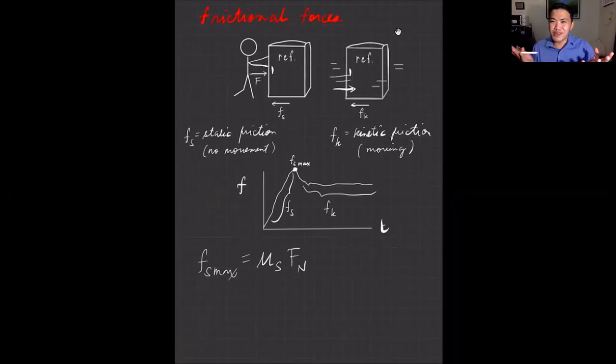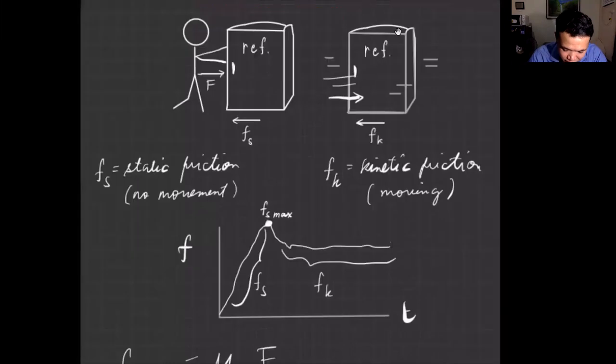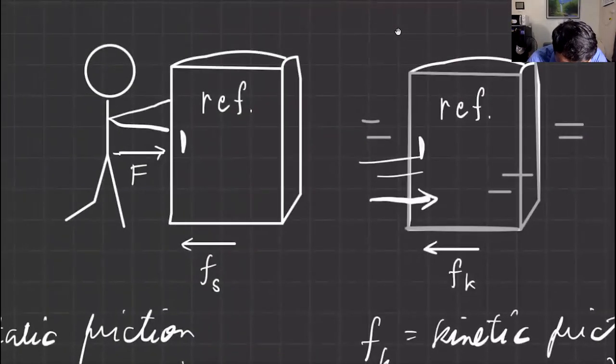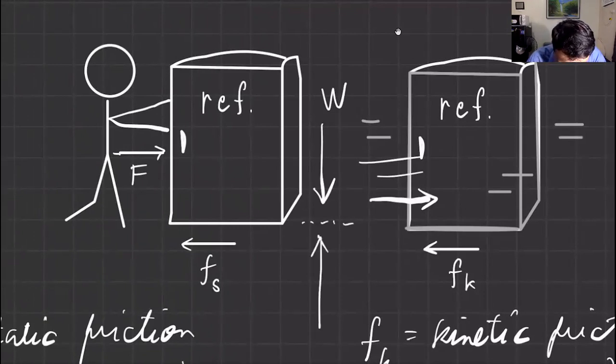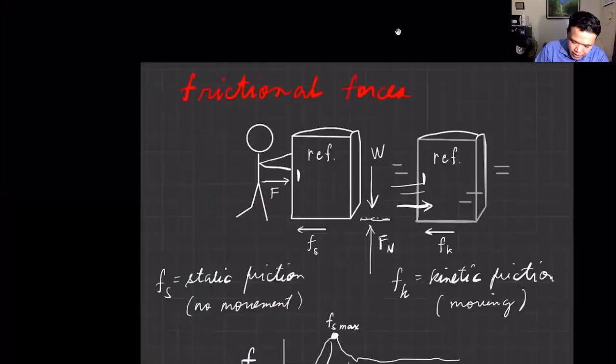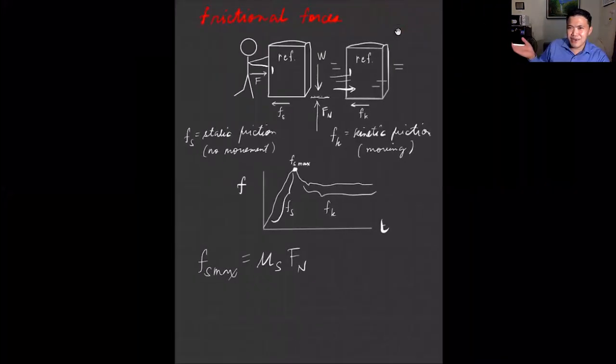What is the normal force? It's a support force. It's usually perpendicular to the surface. Remember, the refrigerator has a weight, so it's downward. Now, the normal force is upward, which is the force applied by the ground. So we call it Fn. As you can see, Fn is somehow related to weight.